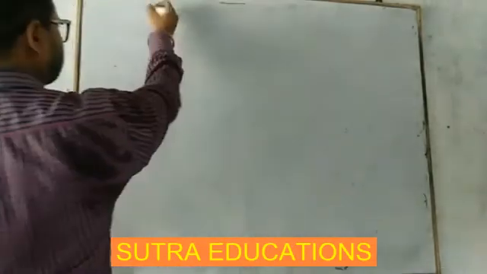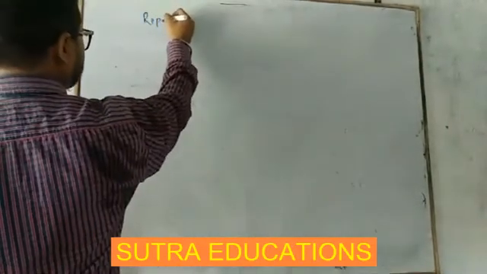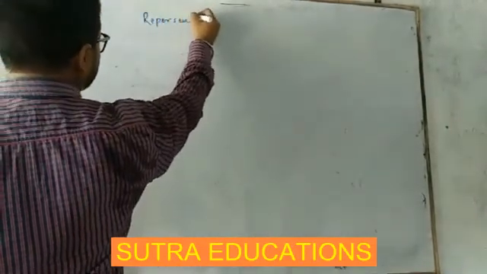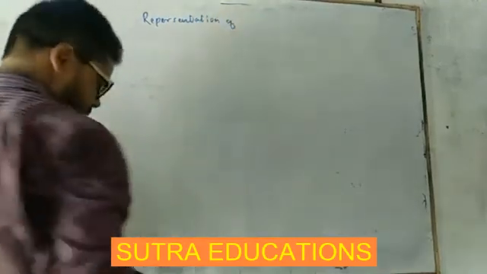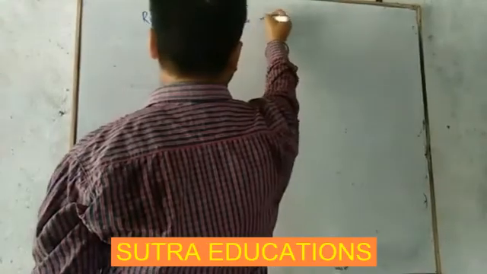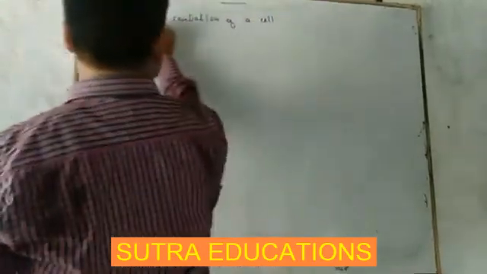So it is representation of a cell. So how to represent a cell?